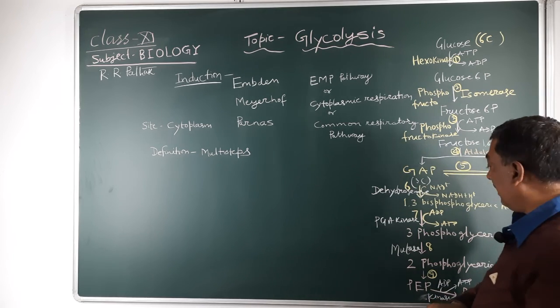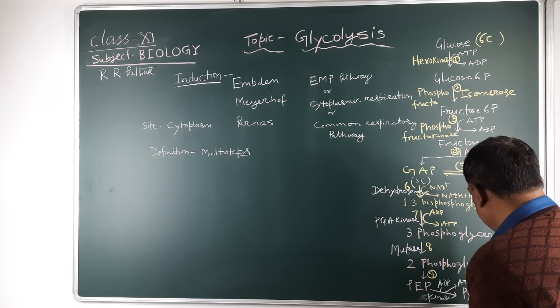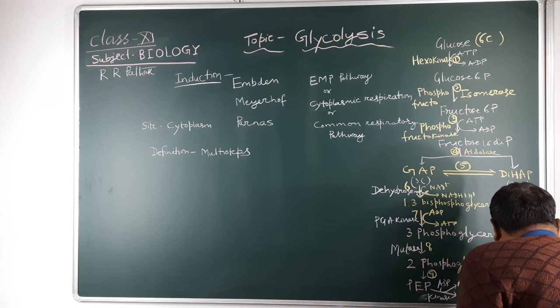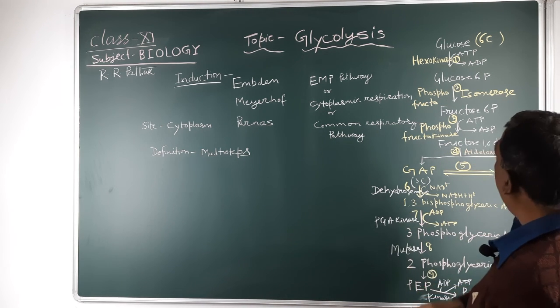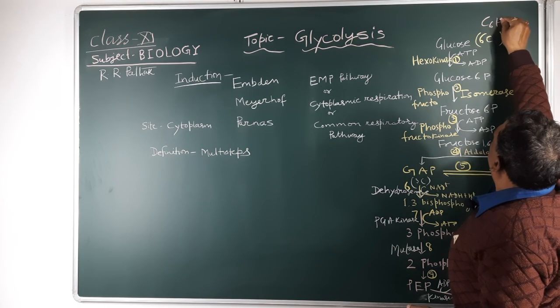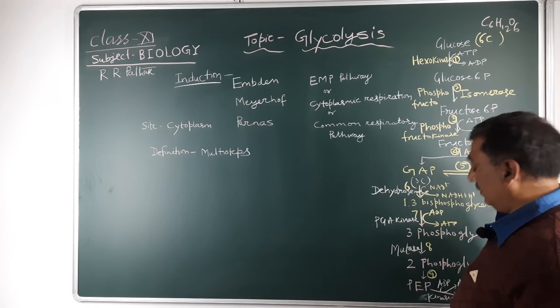The formula of pyruvic acid is CH3COCOOH, and the molecular formula of glucose is C6H12O6, which is a 6-carbon compound.